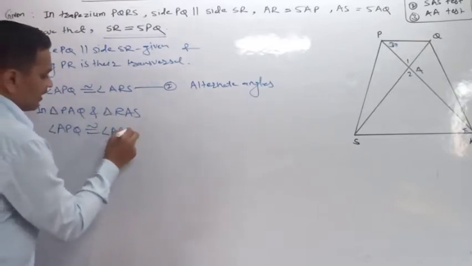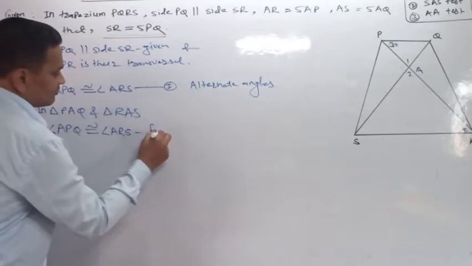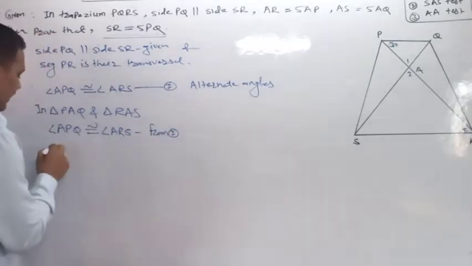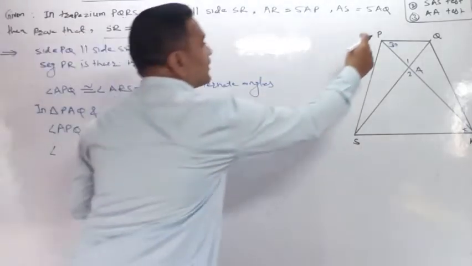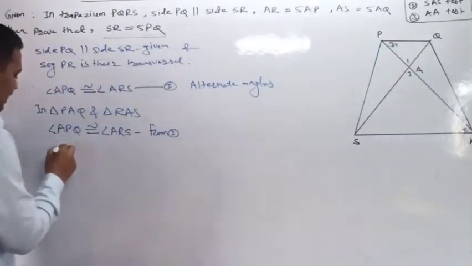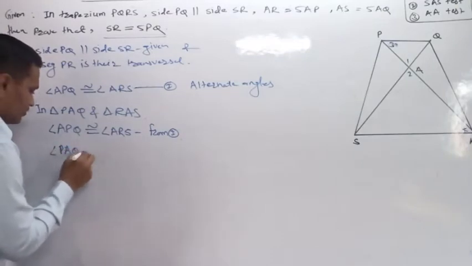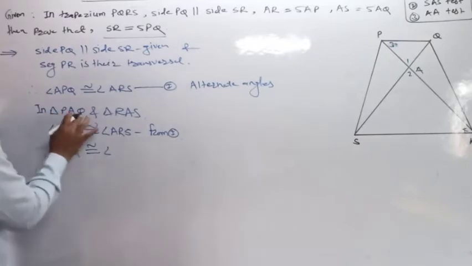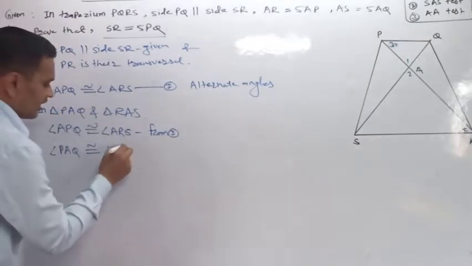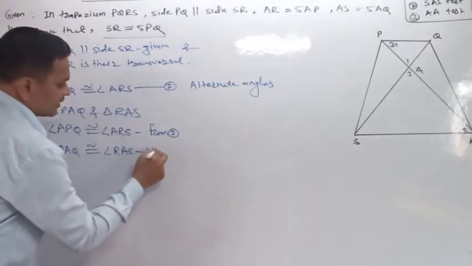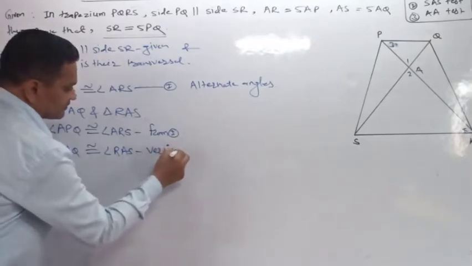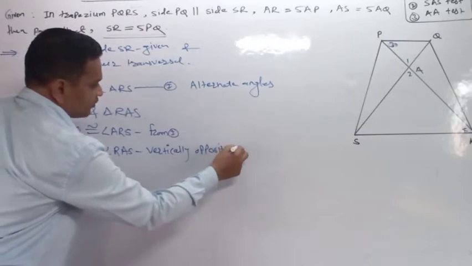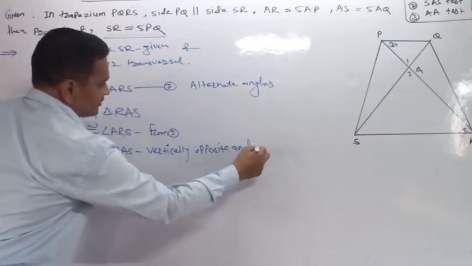And angle PAQ is congruent to angle RAS, vertically opposite angles, right?